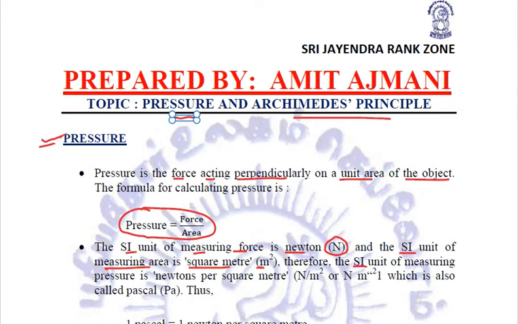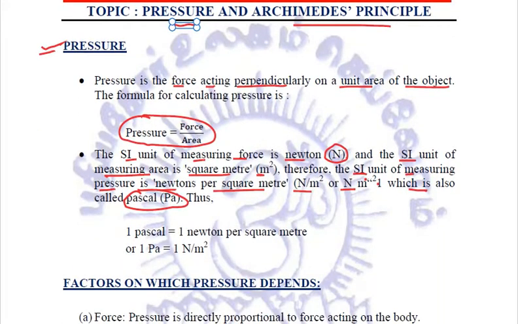So the SI unit of measuring pressure is Newton per square meter, which can be written as N/m² or Nm⁻², right? Which is also called Pascal, represented as capital P and small a. So we can say that 1 Pascal, that is 1 Pa, is equal to 1 Newton per square meter or 1 N per m².